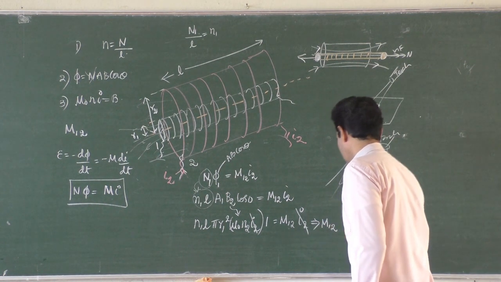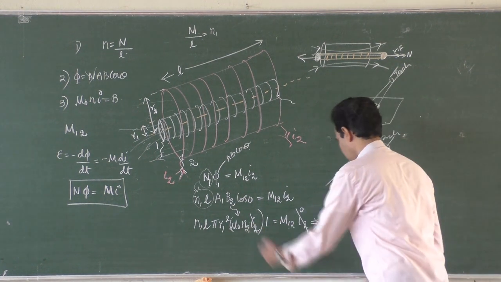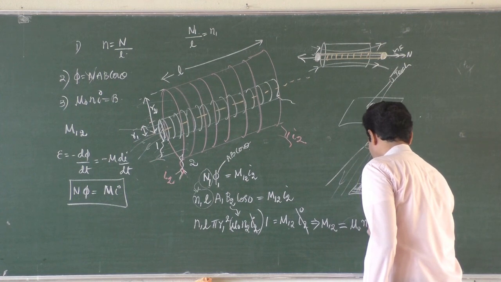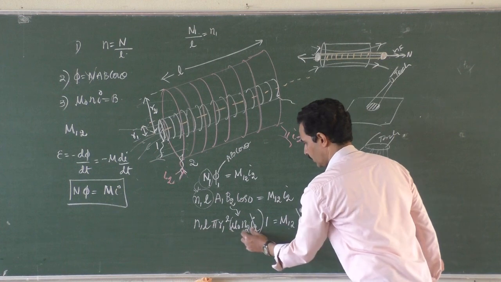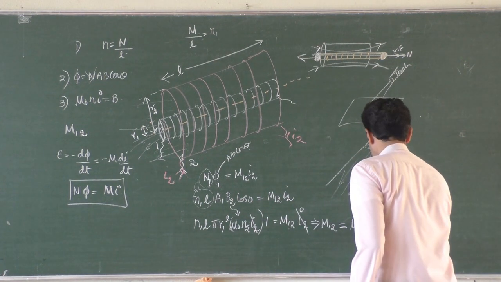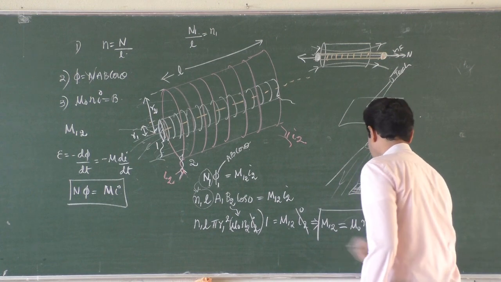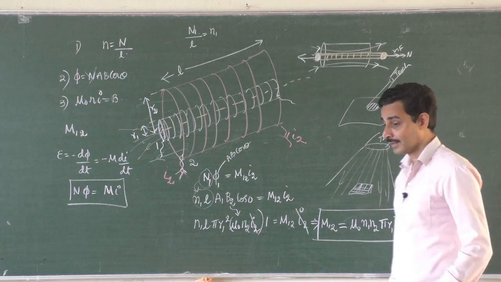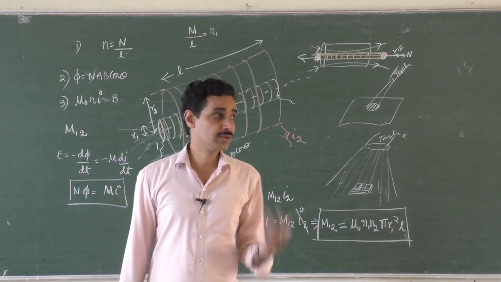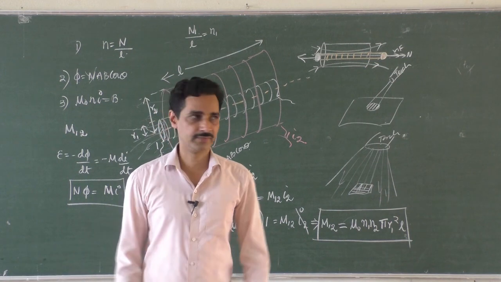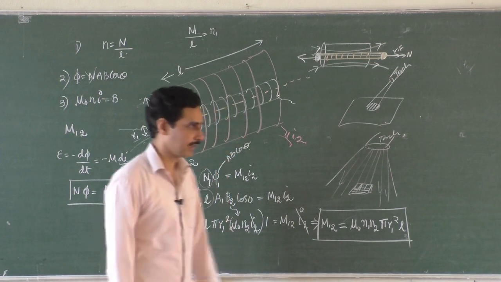That implies M12 is equal to mu naught N1 N2 pi R1 square by L. This becomes the mutual inductance between the pair of coils when current flows through the second coil and the first coil has an EMF induced in it, right?